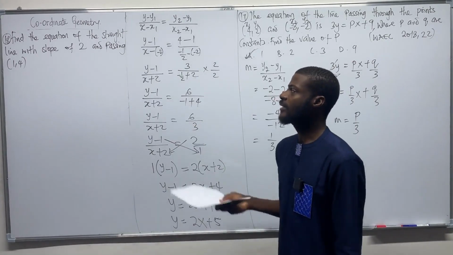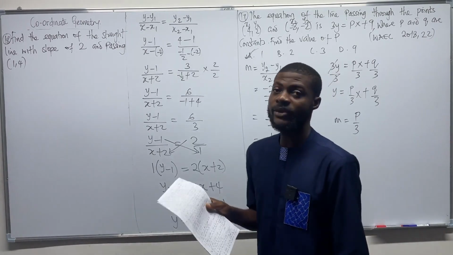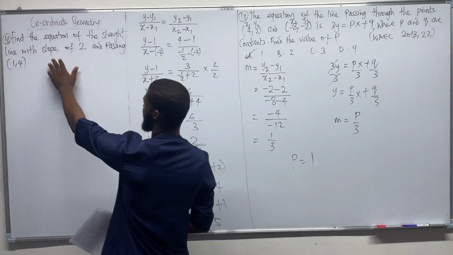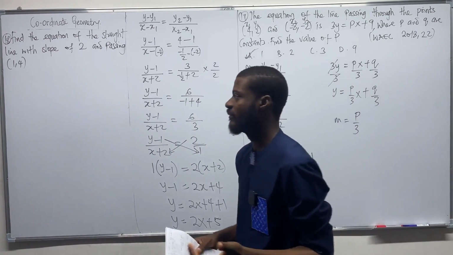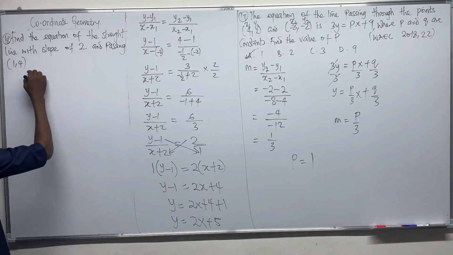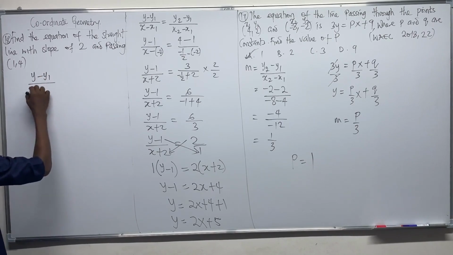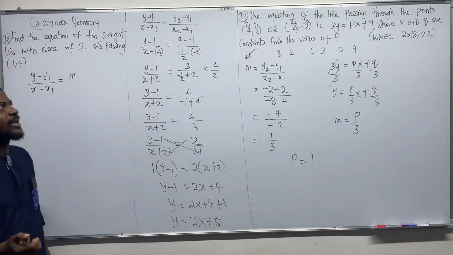Now, let us find the equation of this line. What do we do here? It's easy because in this case, we've been given our gradient as 2. Our slope is equal to 2. So it's easy to solve. What I basically have to do is say that y minus y1 over x minus x1 is equal to the slope. Remember that I gave two formulas for finding gradient.